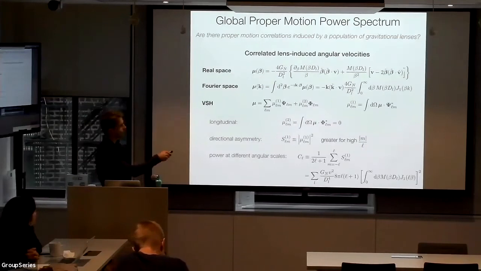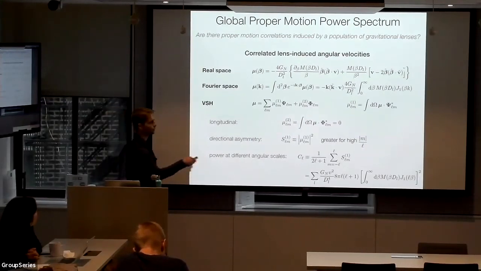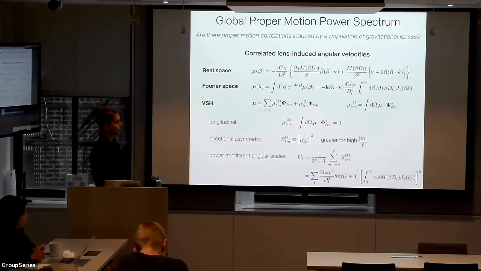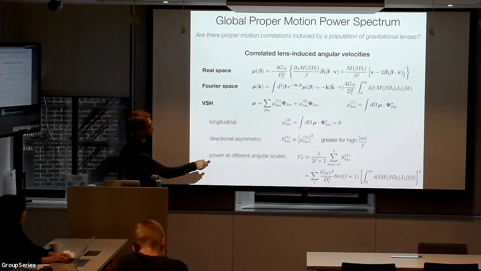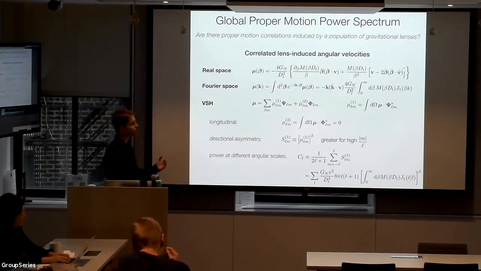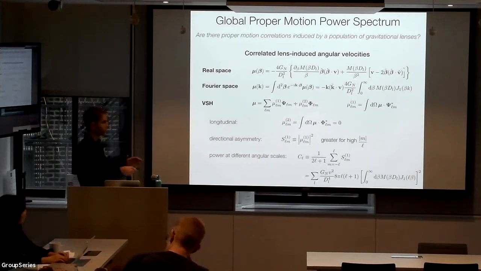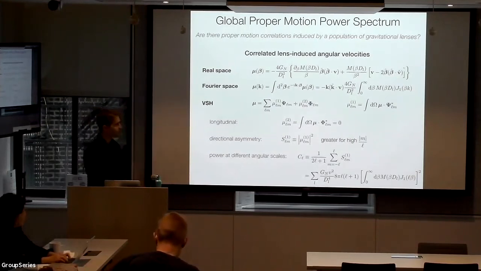Basically because you can write this field as an angular gradient, so the second amplitude is 0 for the signal. There's also a directional asymmetry, so this power spectrum is greater for the high M modes, basically because there's some asymmetry in our velocity through the Milky Way. This is in galactic coordinates, by the way. And then we can also look at the shape of the power spectrum to disentangle noise from actual signal.